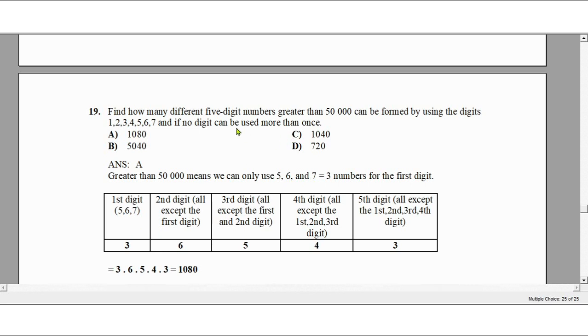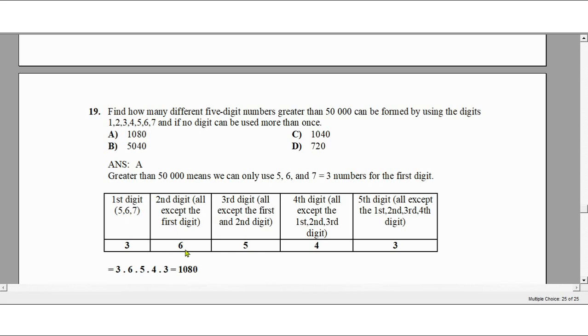Since we can use each digit only once, for the next digit we cannot use the previous digit. So for the first digit we can use only three numbers, 5, 6, 7. For the second digit we can choose all but the first digit that we have chosen, right?